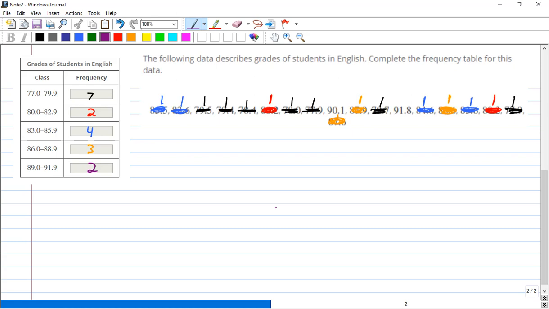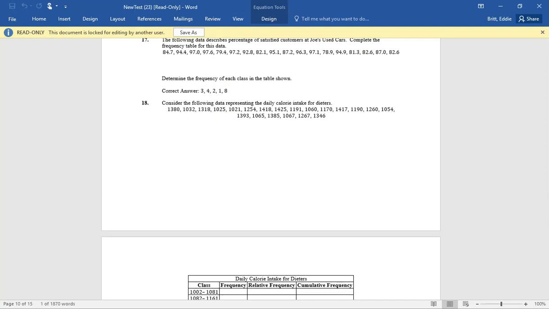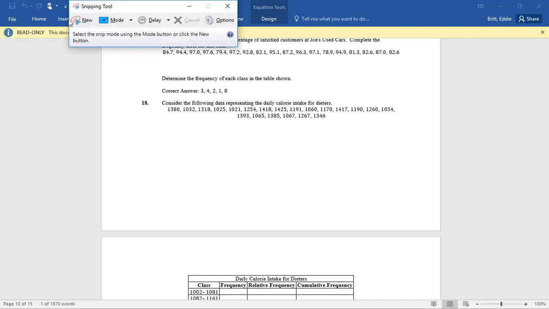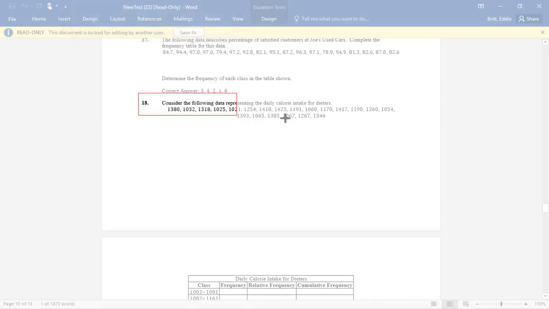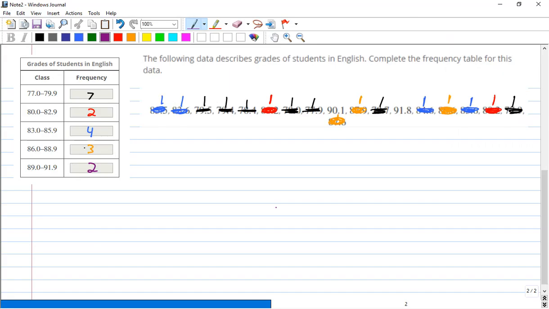Because we need to use some of the information in it, like we have to calculate the relative frequency and stuff like that. So I'll copy that problem up here. It's this same data here. I'm going to copy it over to my notepad so I can work with it.